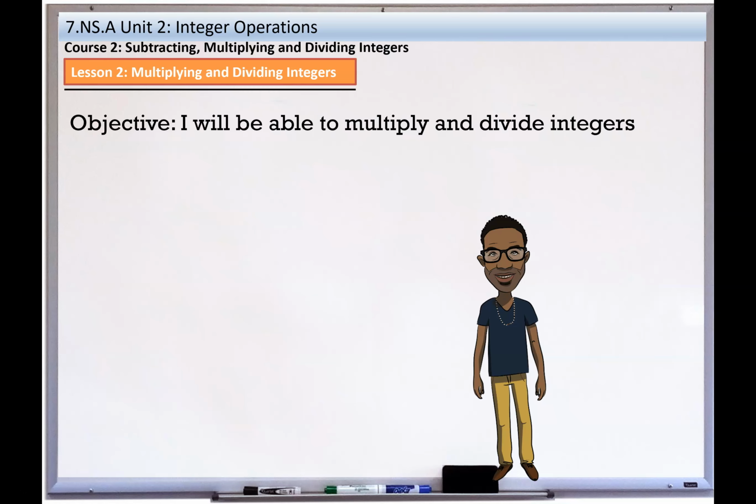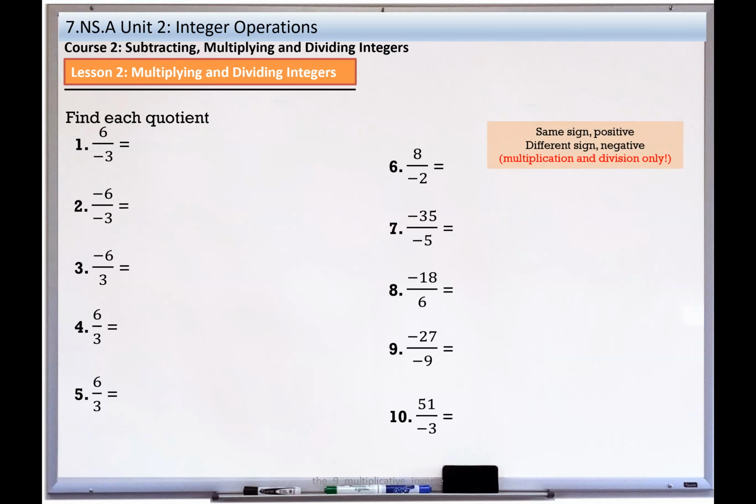And actually, you know what? Let's go ahead and finish up. So 6 divided by negative 3, different sign, negative. Negative 6 divided by negative 3, same sign, positive. Negative 6 divided by negative 3, different sign, negative. 6 divided by 3, we know is 2, and that's twice.